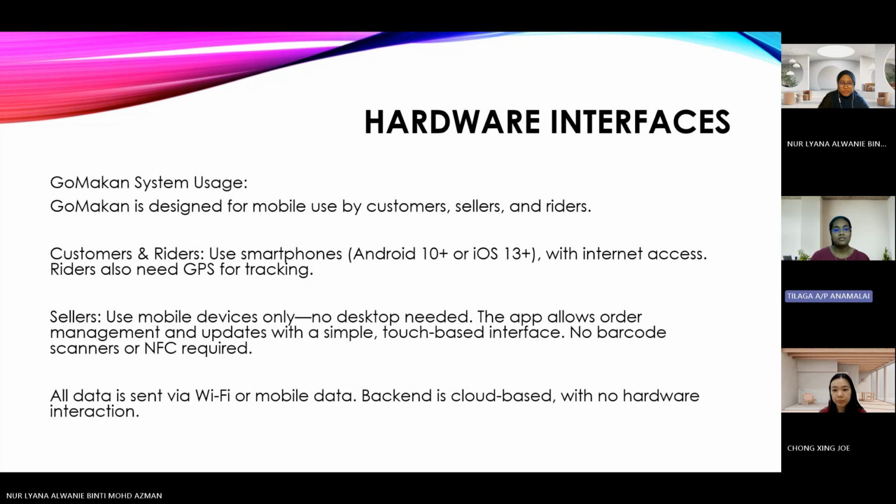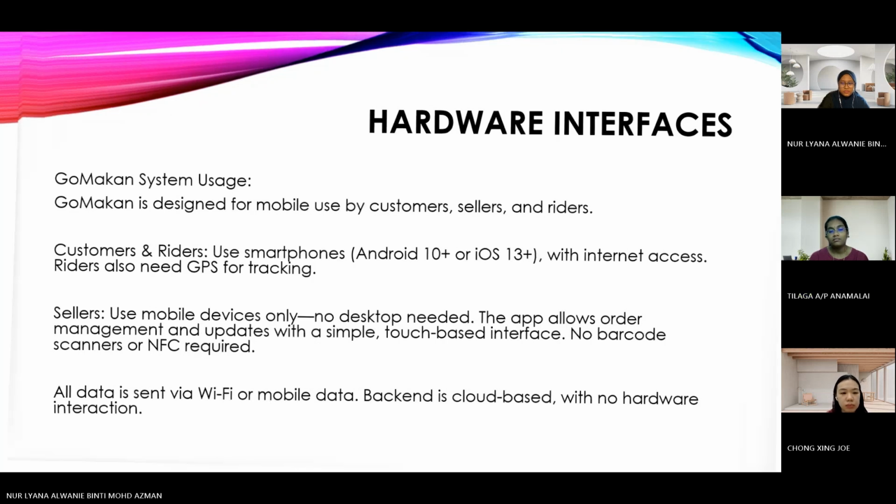Sellers need to use mobile devices only, no desktop is needed because the app already allows order management and update with a simple touch-based interface. No barcode scanner or NFC is required. All data is sent via Wi-Fi or mobile data. The backend is cloud-based with no hardware interaction.